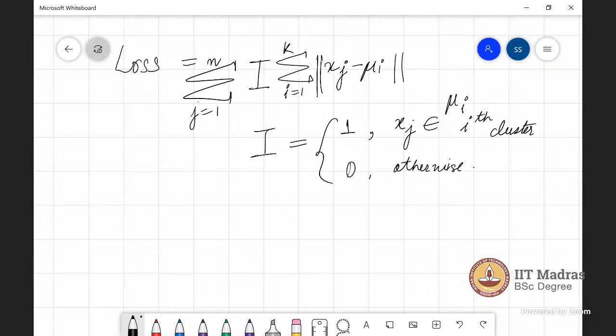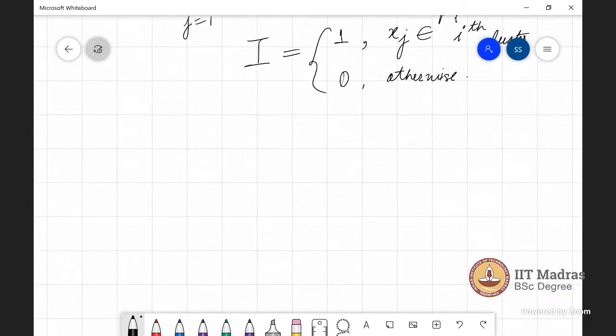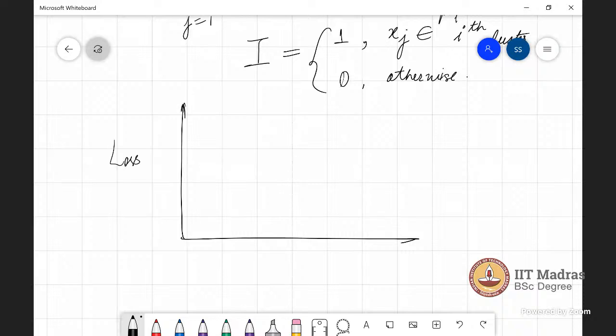So to determine the best value of k, we look at a slightly different manner of optimization. What we do is we plot this loss function with different values of k. Of course, for one it turns out to be something else, but it doesn't help us.